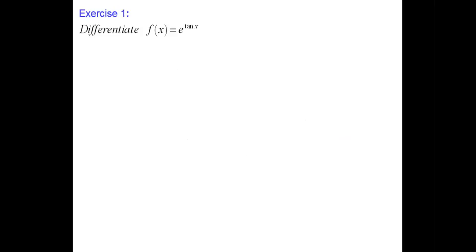Let's find the derivative, differentiate the function e to the power of tangent of x. This means the derivative is the same function times the derivative of tangent, because that's the inner function. Who can tell me the derivative of tangent? Do you remember?